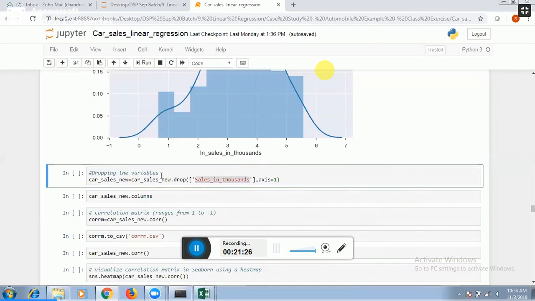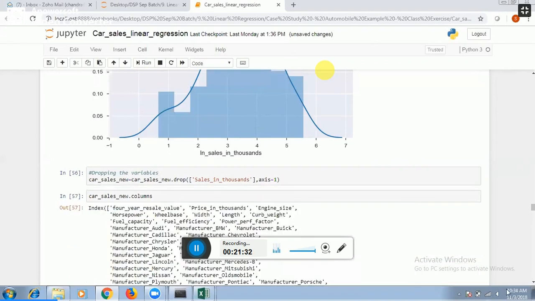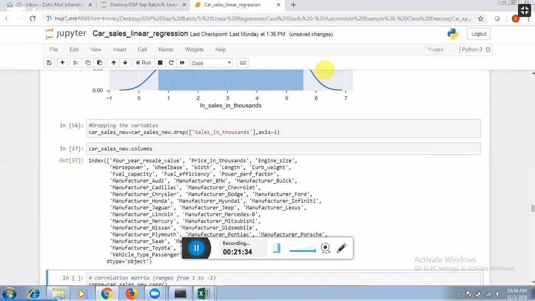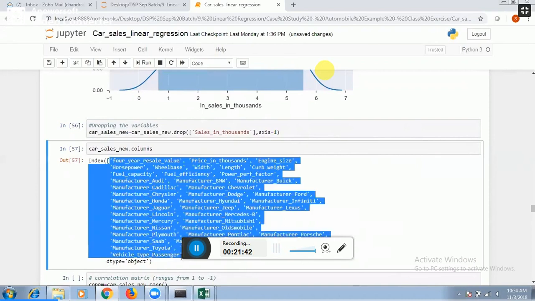Now these are my list of variables after exclusion of sales in 1000. My new dependent variable will be log sales in 1000, and these are my list of X variables.